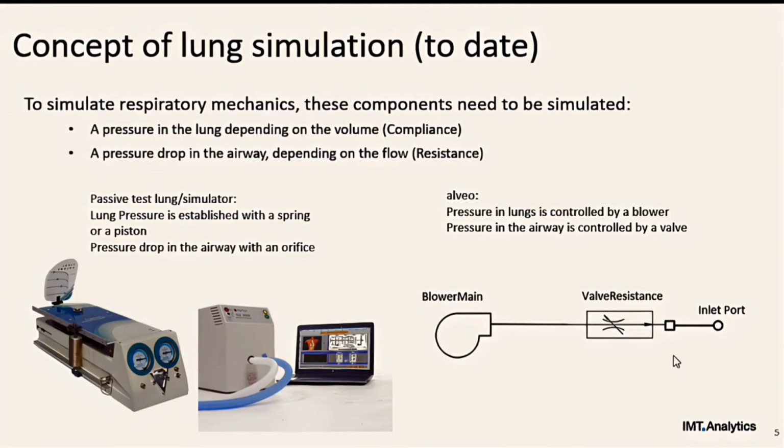So the idea was that we have an inlet port like any other simulator, which would mean the connection to the tube or the mask of the patient, and then there is a resistance valve which is doing the resistance, and then at the end there would be a turbine blower, which would push against the airflow coming from the ventilator or from the bag or from the anesthesia device, and so also simulate, in very easy, non-engineering terms, the compliance as well.